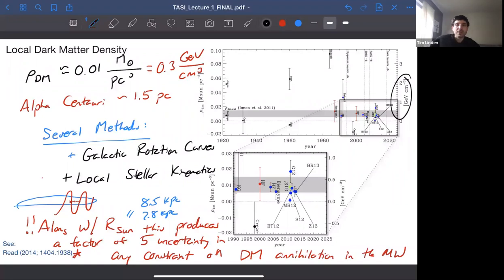So if somebody tells you, oh, we finally did it, we looked at the center of the galaxy and we decided the dark matter annihilation rate, we'll get to the numbers later, is less than 3 times 10 to the minus 26 at this mass, and so this model is excluded, you need to remember you should move all of those numbers by a factor of at least 2 up, maybe a factor of 3 up, a factor of 2 down, something like that.